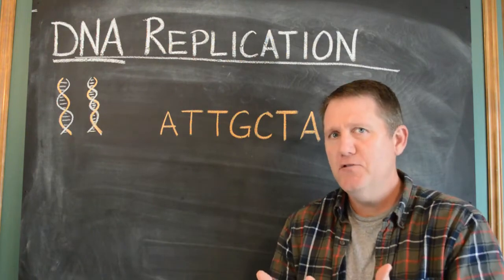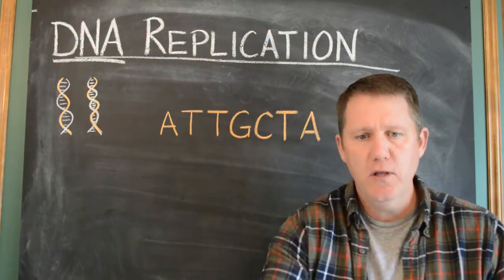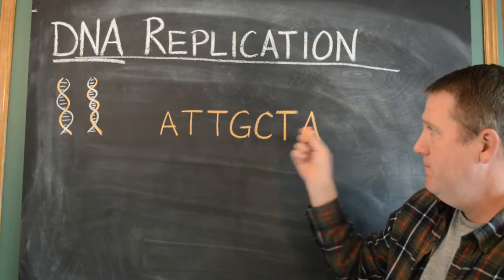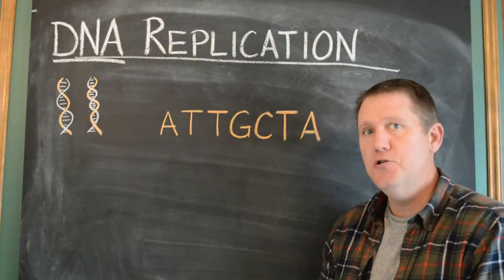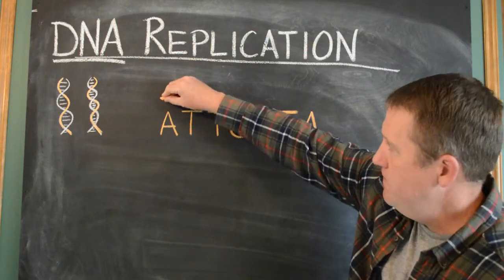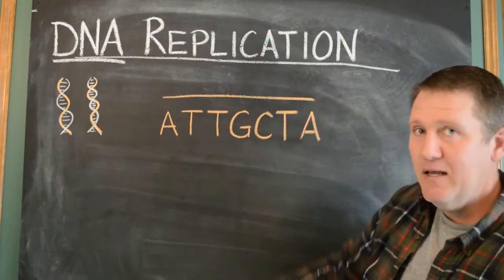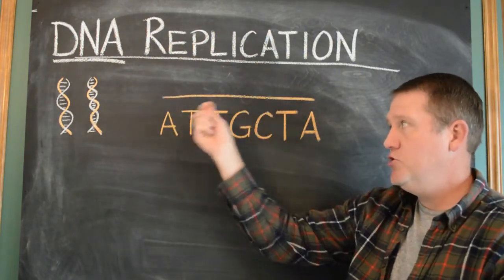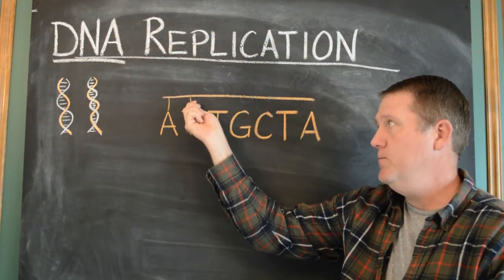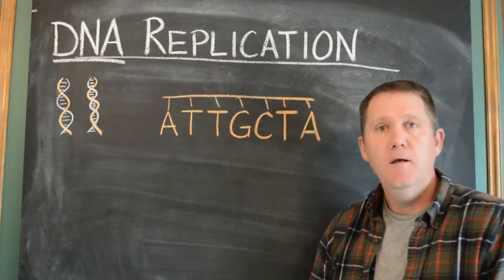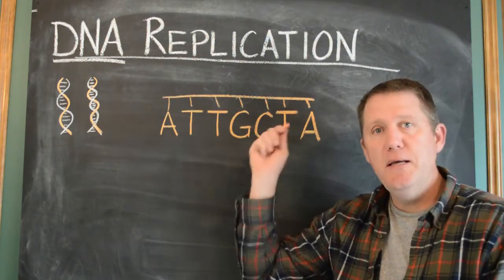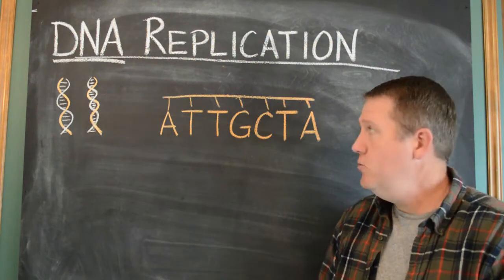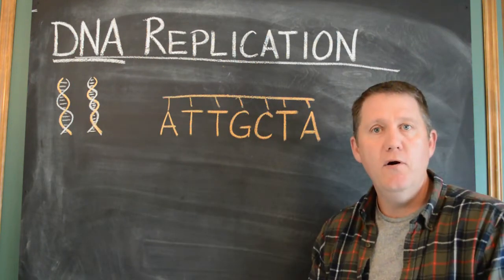Those sugars and phosphates don't matter a whole lot, so a lot of times we just draw it like this, just those nitrogen bases. Sometimes you'll see it something like this, indicating there's that sugar phosphate backbone. And these are the nitrogen bases in the middle. So there would be one of our strands.